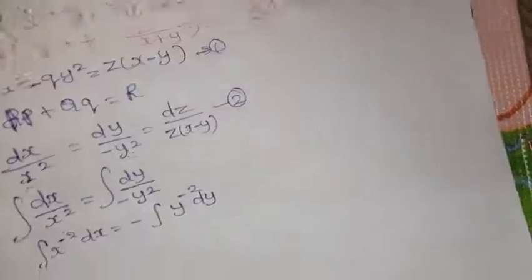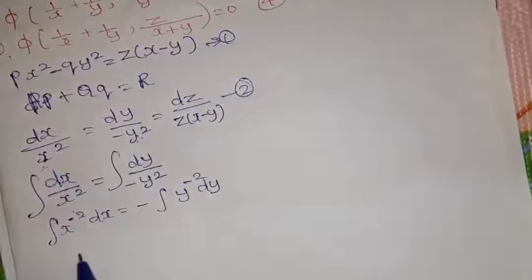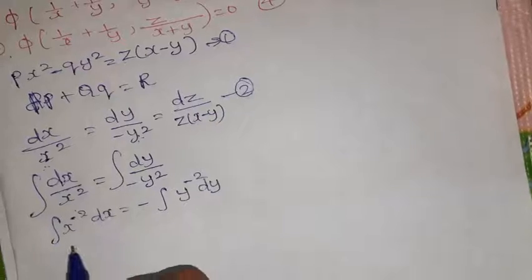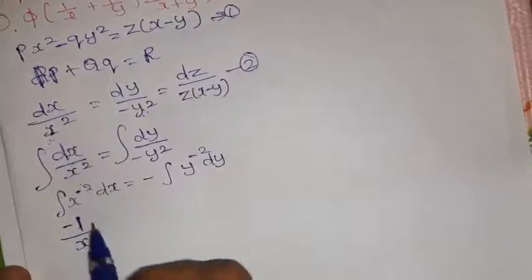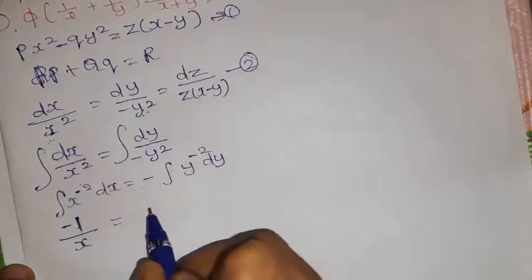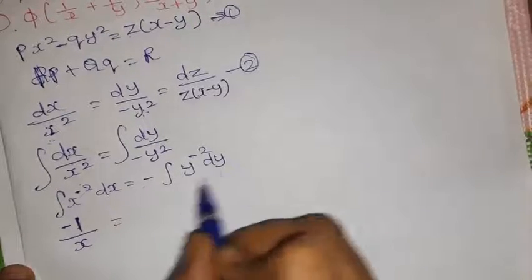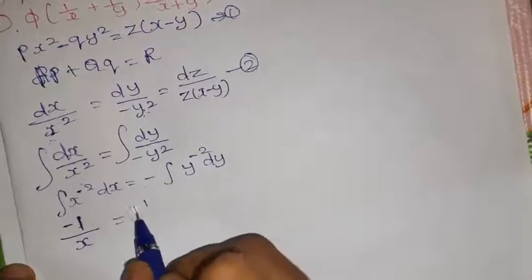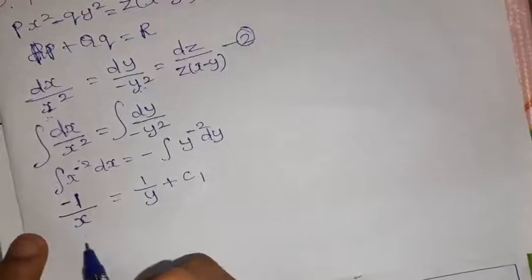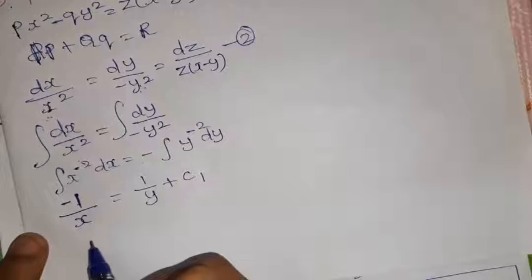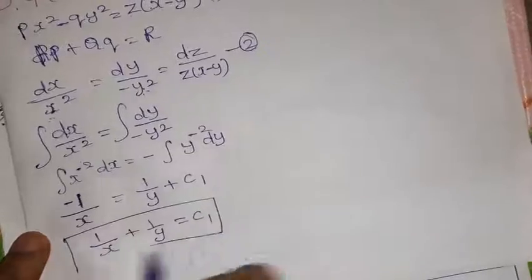So x power n plus 1 divided by n plus 1: x power minus 2 plus 1 gives x power minus 1, divided by minus 1, which we can write as minus 1 by x. And y power minus 2 integrates to minus 1 by y, with the minus sign, plus 1 by y, plus constant c1. So 1 by x plus 1 by y equals c1.